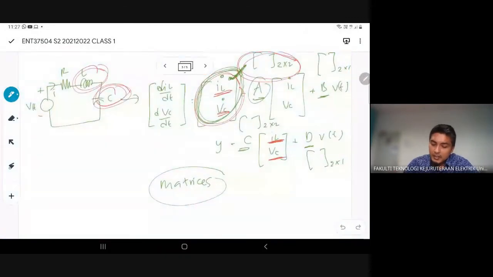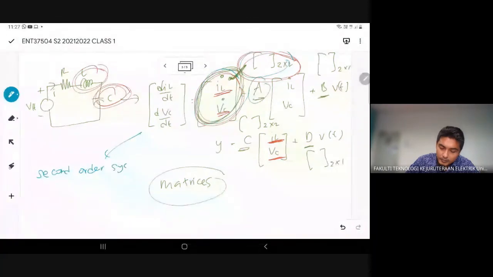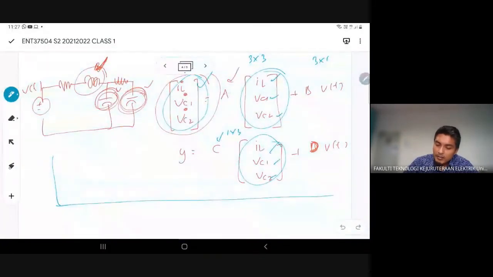In this case, if you have 2 by 2 here, we call it a second order system, because the matrix A is 2 by 2. Here, because our matrix A is 3 by 3, we call it a third order system.